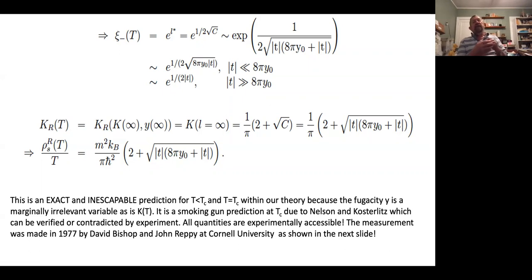And it can be interpreted as the separation of the largest vortex-anti-vortex pair in the system, because all vortices and anti-vortices are bound in close, small pairs. And we can say that e to the L star is the length scale beyond which there are no vortex pairs.